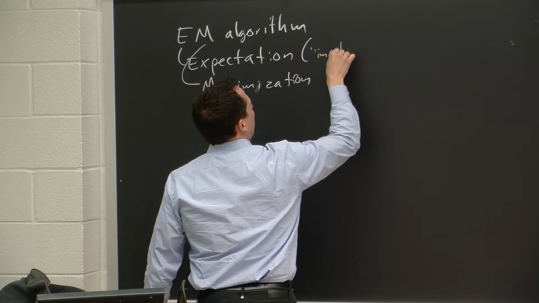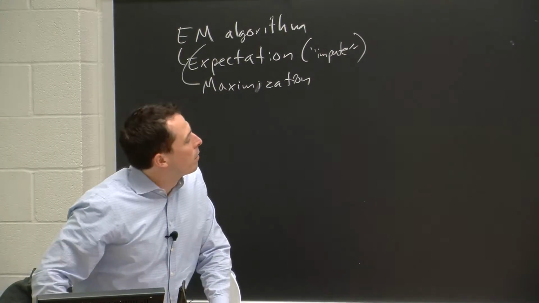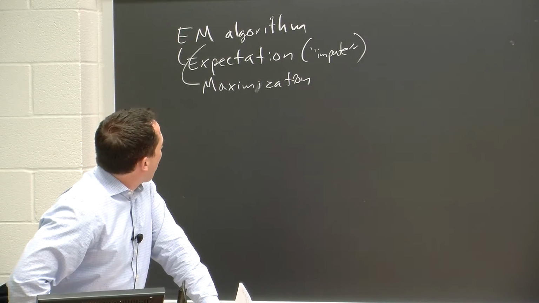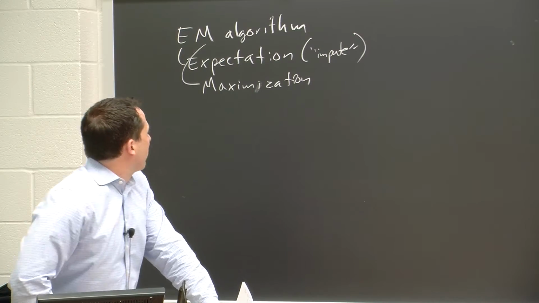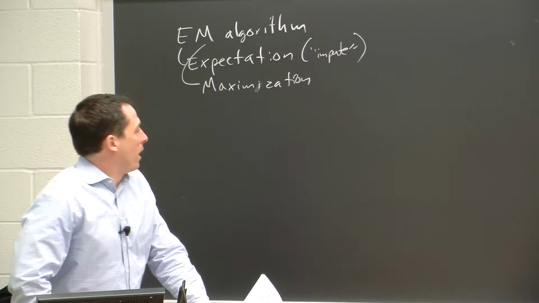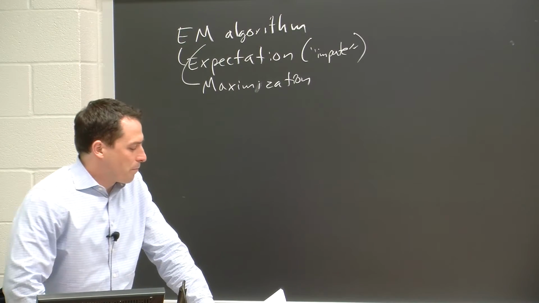It's imputing, but it's not exactly imputing, because, for example, there's no restriction that the data have a form that may be integers if it's count. And then in the maximization step, we're taking this fake data mixed with real data that we filled in, and we're using that data to find an optimal value of the parameters.